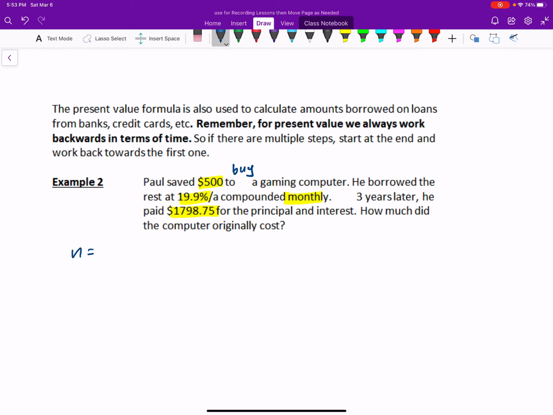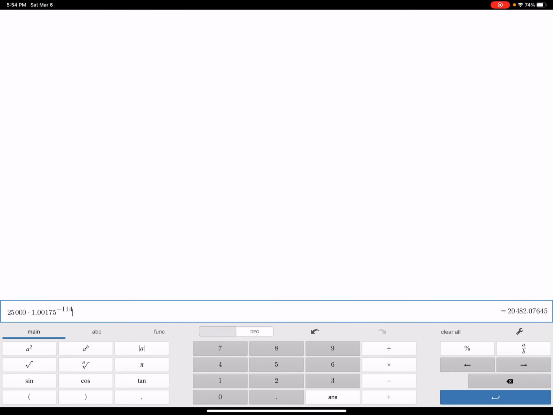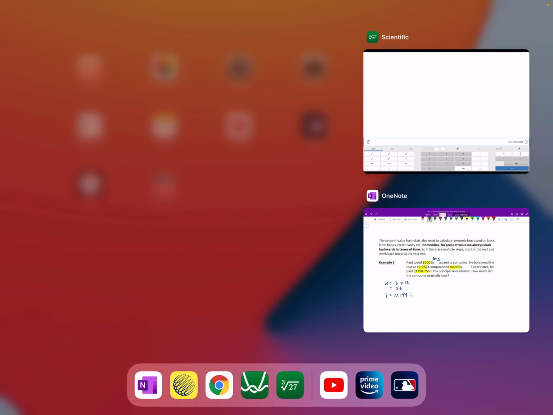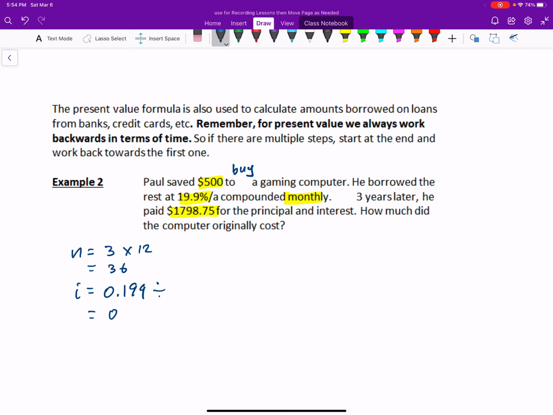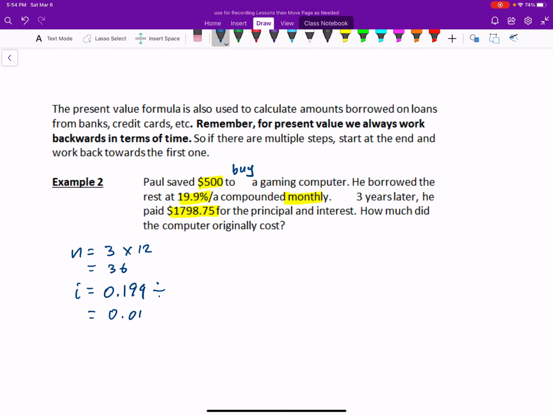So n, since it's monthly, is going to be 3 times 12, so 36. i is going to be a big decimal because it's going to be 0.199. Very high interest rate, but when you're borrowing from a business, often they do charge high amounts from a retailer. So 0.199 divided by 12 is 0.016583 repeating.